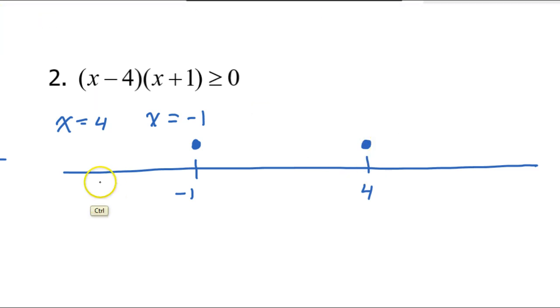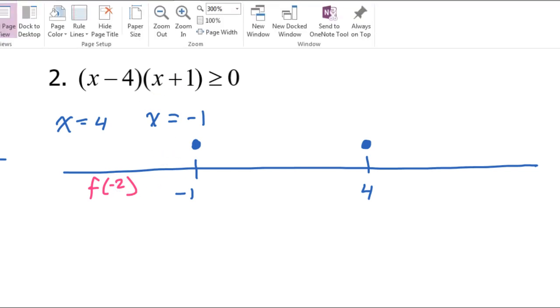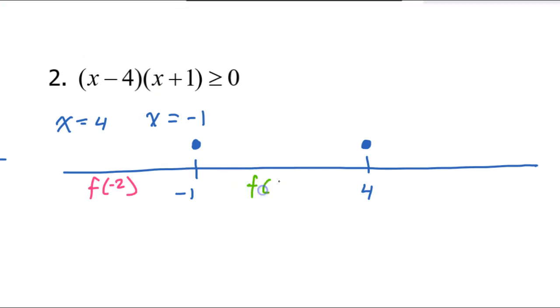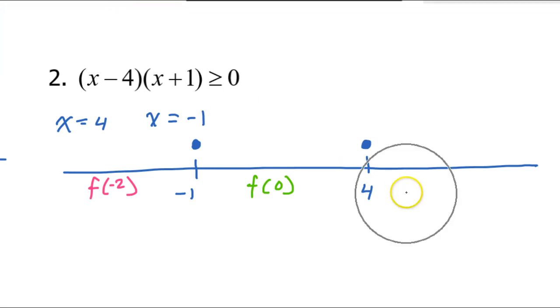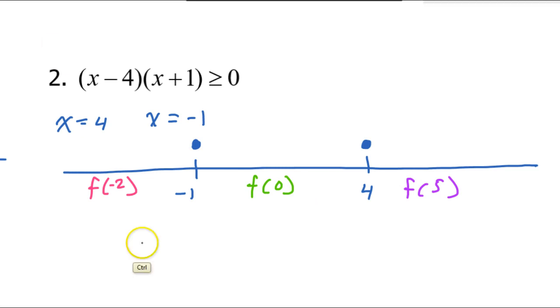So now I need to pick a value in each zone, in each interval. So for example, I'll check f at -2 for this interval. I will check f at 0 for the middle interval. And I will check f at 5 for the final interval. So let's start with f at -2.